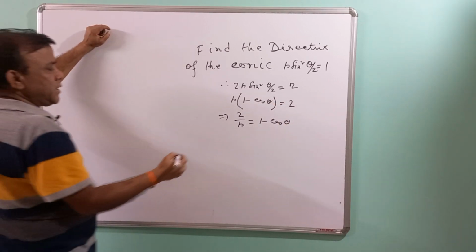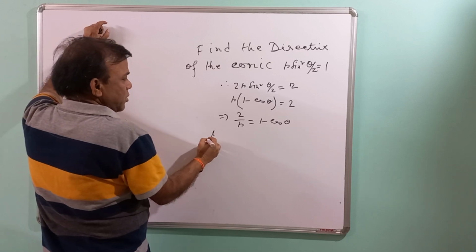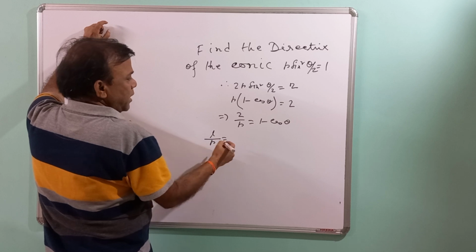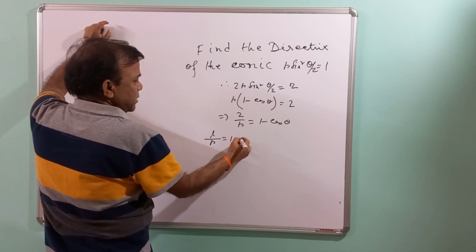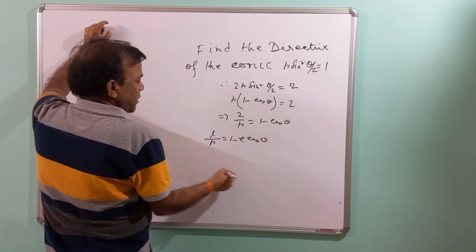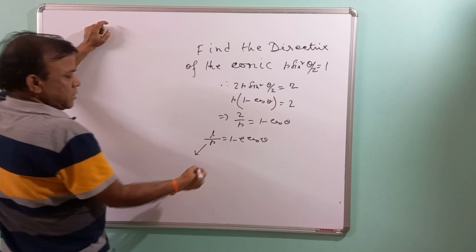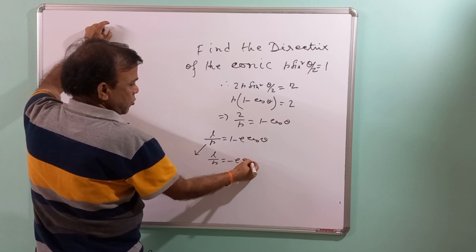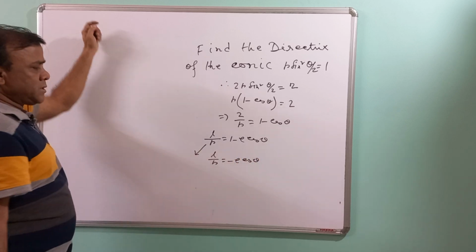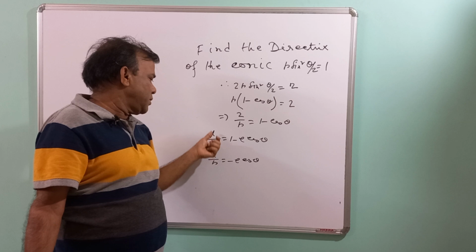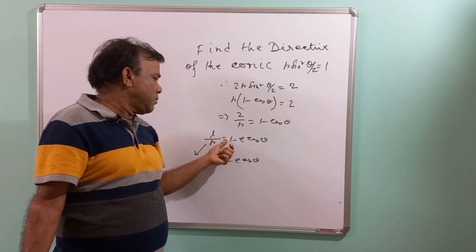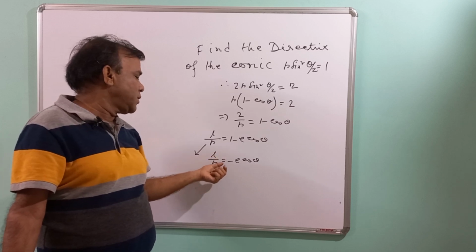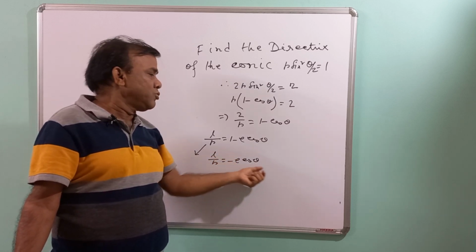As we know that in case of a conic like L/r = 1 − e cos θ, the equation of the directrix is L/r = −e cos θ. And if the conic is L/r = 1 + e cos θ, then the equation of the directrix will be L/r = +e cos θ.